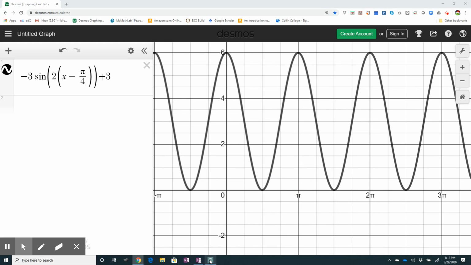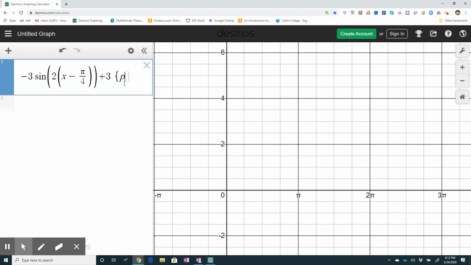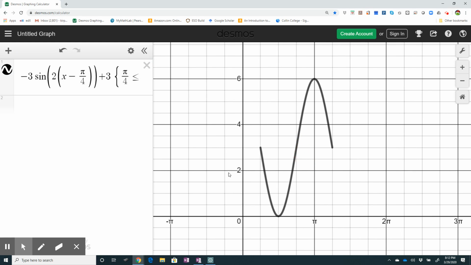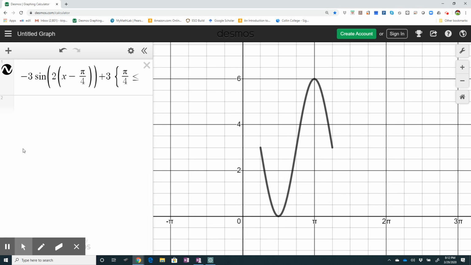And this graph goes from pi over 4 to 5 pi over 4. So pi over 4, 5 pi over 4. And notice we got a perfect match. That's what my graph looks like. Yay!